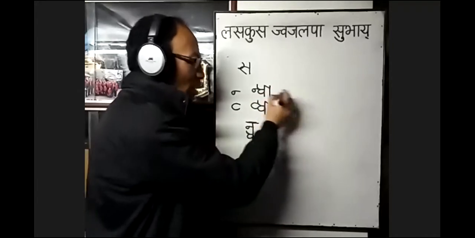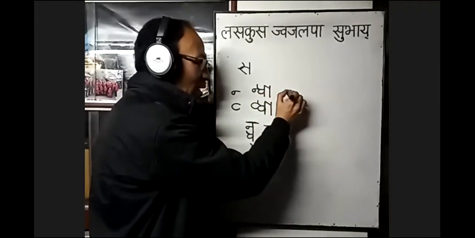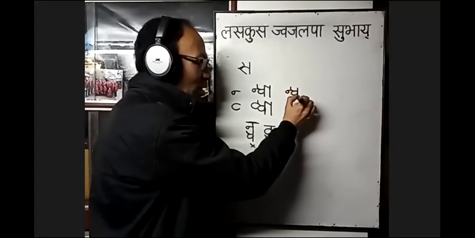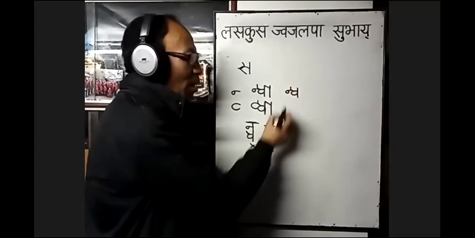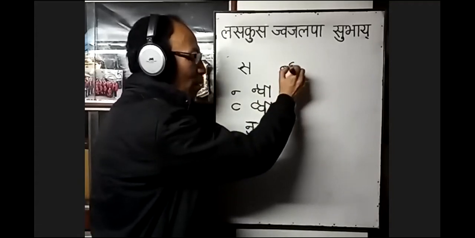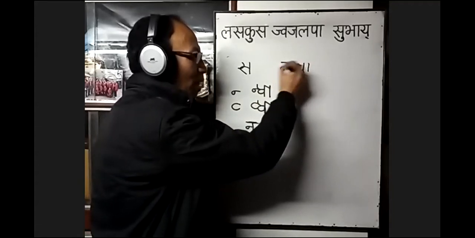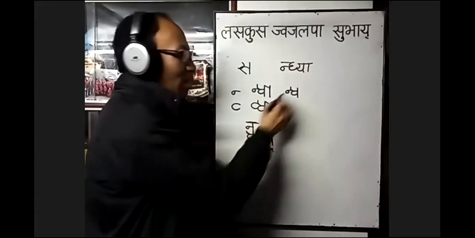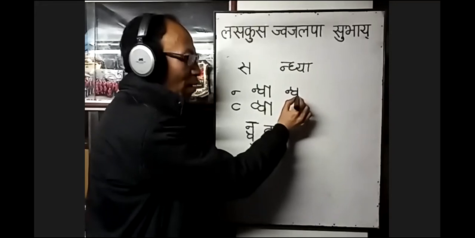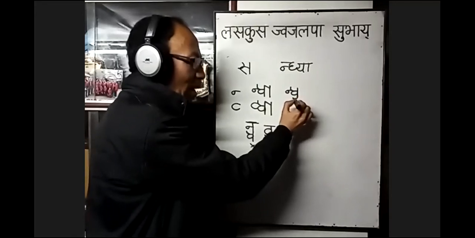So in Sandhya, this is Sandha. Now all you need to do is add yo. Sandhya is written like this, right? Here is the mutupa of ta, and then you add yo.